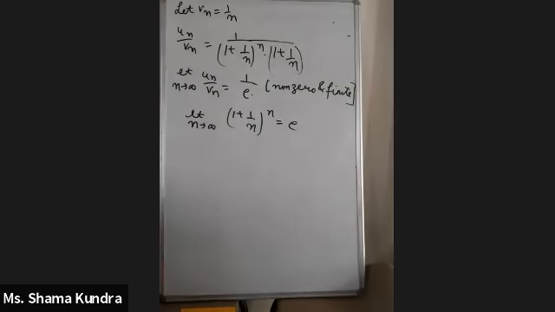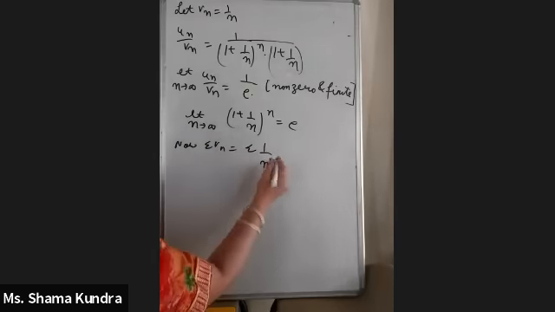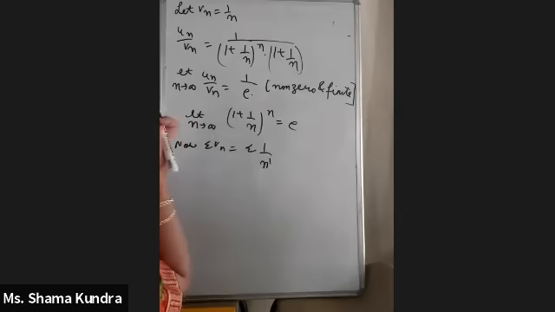Now see series vn. Because if vn is convergent, un is also convergent. If vn is divergent, un is also divergent. See vn. Series vn is this, which is of the form 1 over n raised to power p.